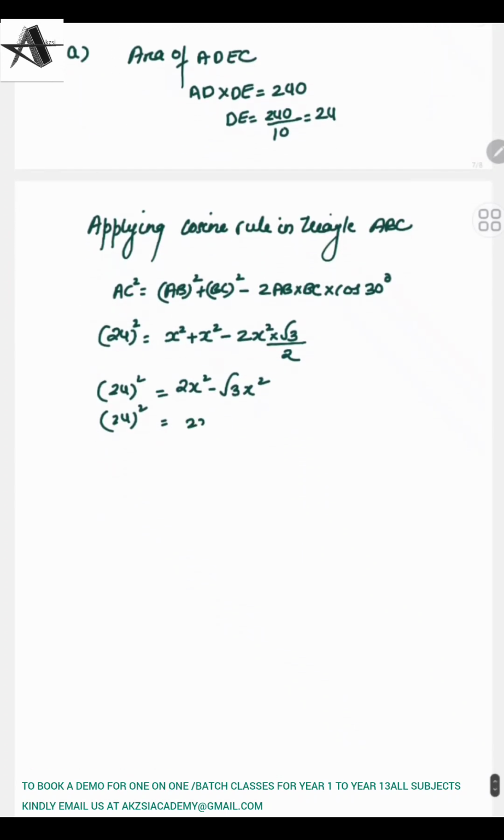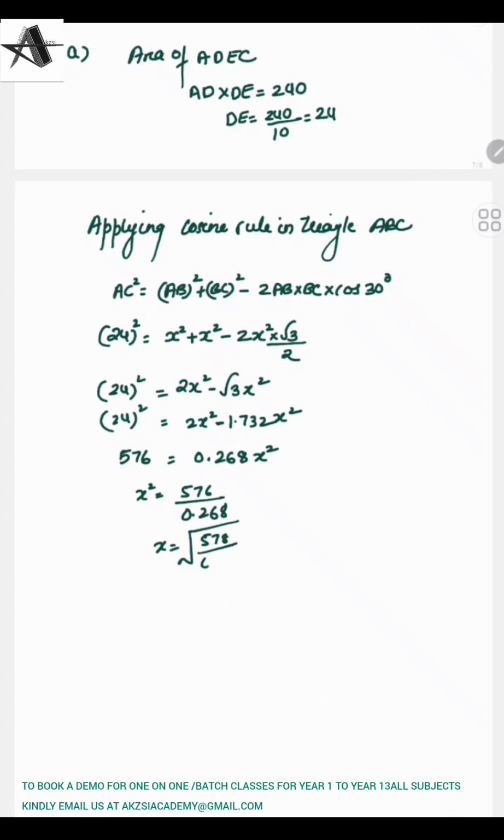So 2x squared minus 1.732x squared gives 0.268x squared. This is 576. And finally x squared is equal to 576 over 0.268, and x is the root of 576 over 0.268.